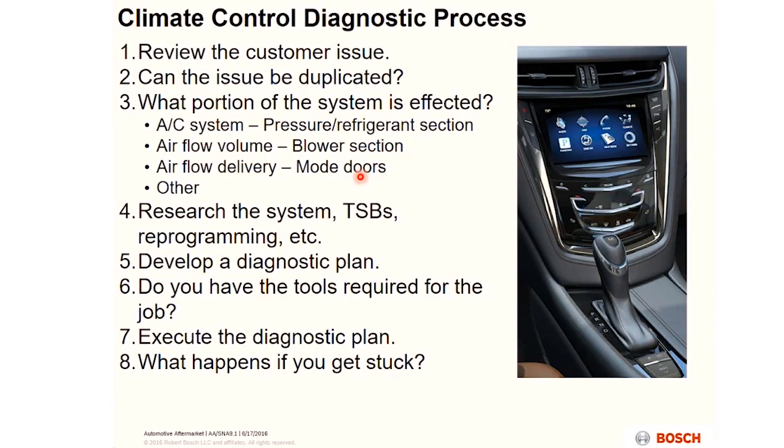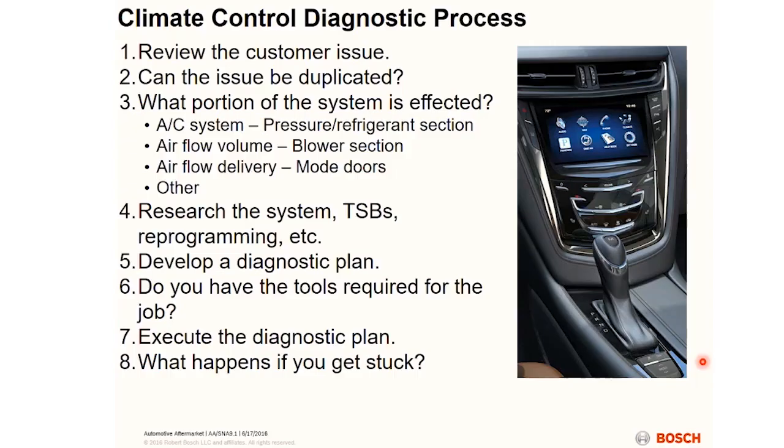Now I attack it. If during the research phase it's determined that you possibly need to do a recalibration of the mode doors, maybe the reason the air's not blowing out the right area, whether defrost or the vent or the floor, is because it needs to be recalibrated.